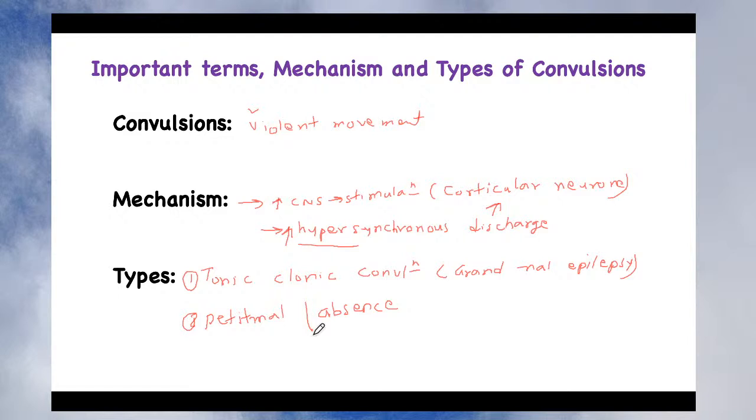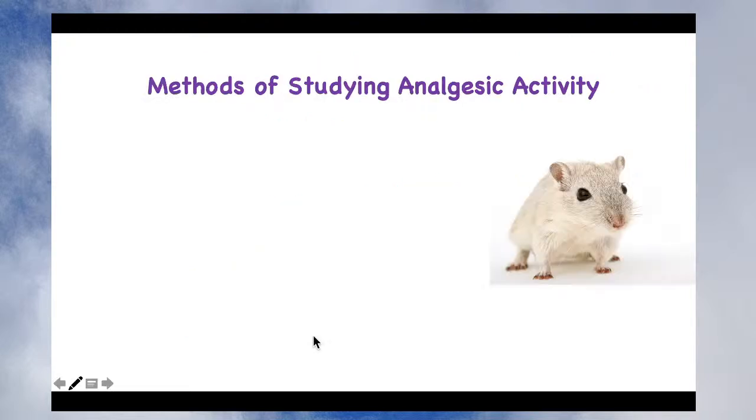You can produce tonic-clonic convulsion in the animal, give the drug, and see whether it is effective in tonic-clonic convulsion or against petit mal convulsion. Now let's see how it is possible.